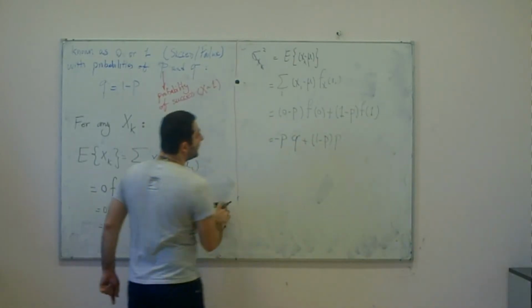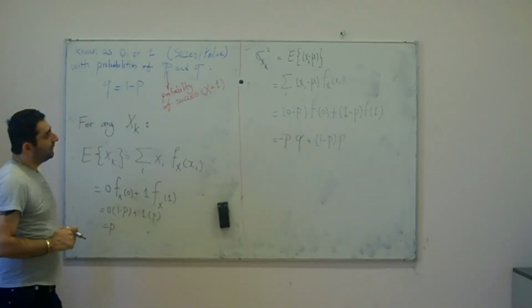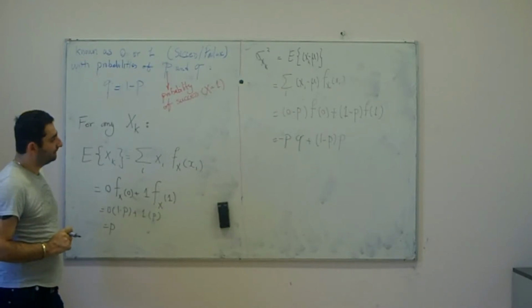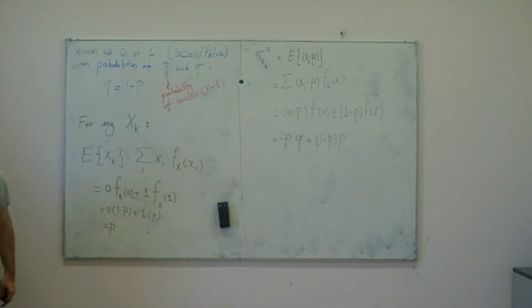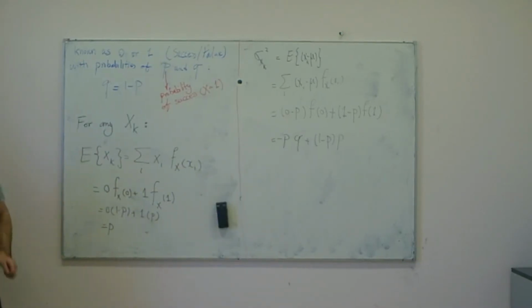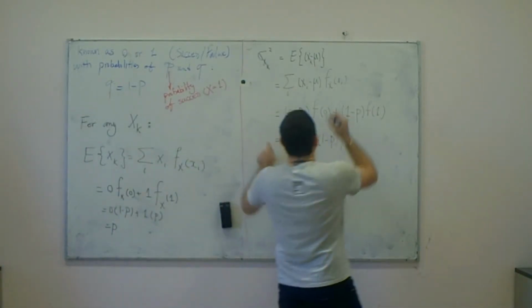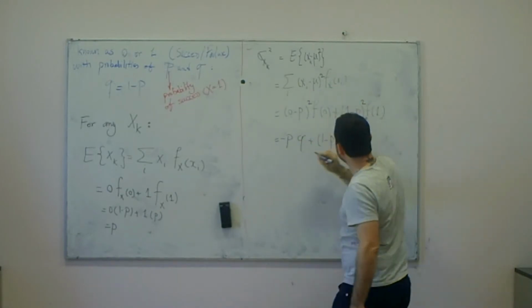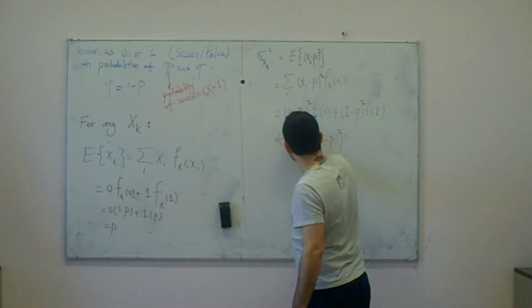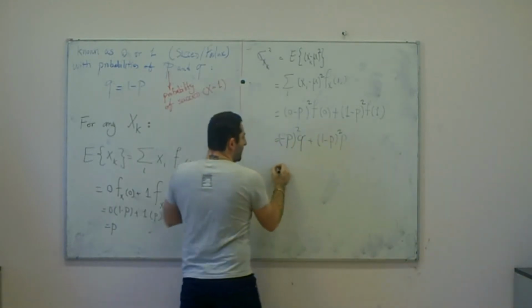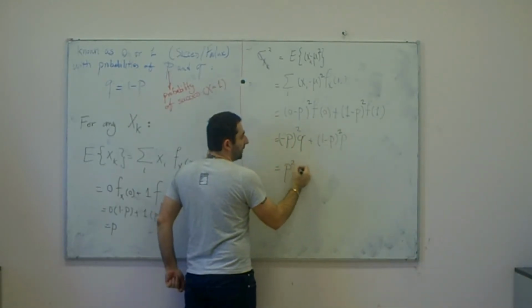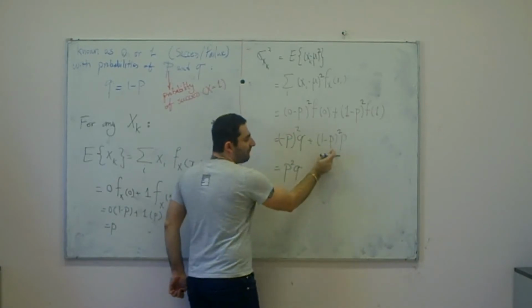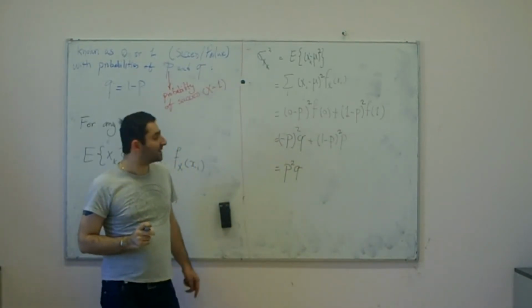Now, let's see. Small mistake. Square. This is P square, so it will be P square Q. What was 1 minus P?